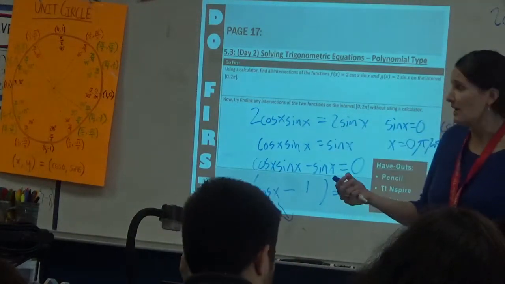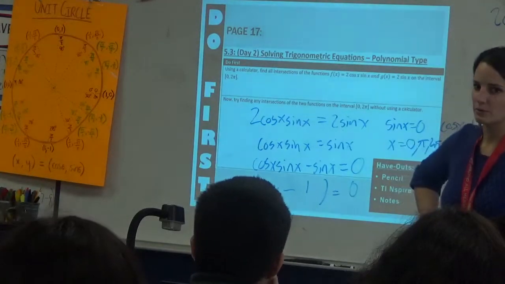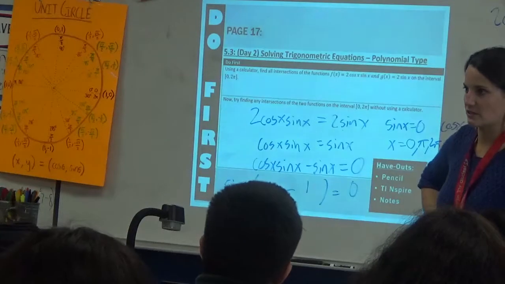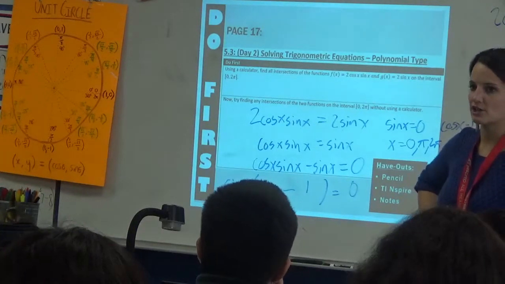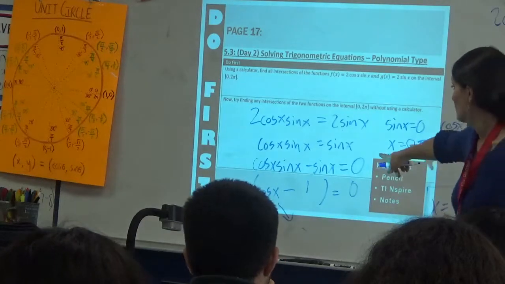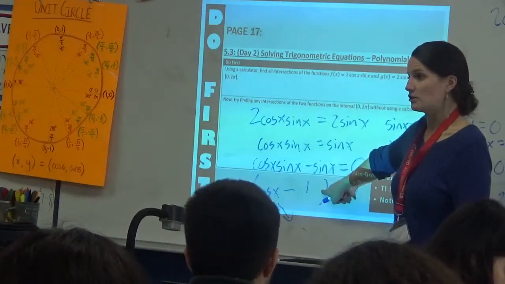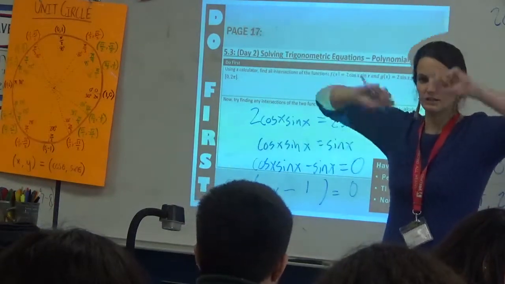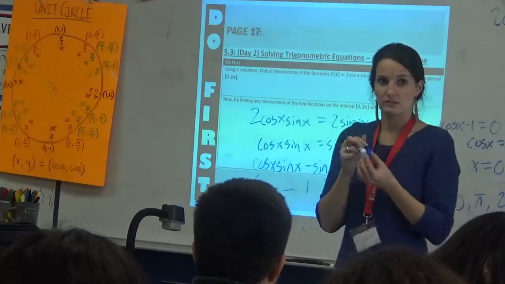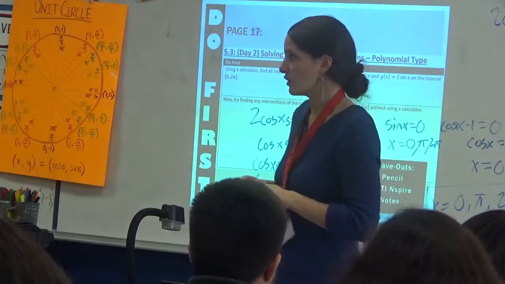And if sine is 0, you're going to have that angle pi that you would be missing if you didn't have that piece, okay? So our strategy is going to be to set the equation equal to 0 by moving it over. Factor out anything that you have in common so that you can separate it into these two separate pieces. Okay? Alright, so taking that strategy, let's see if y'all can do it.